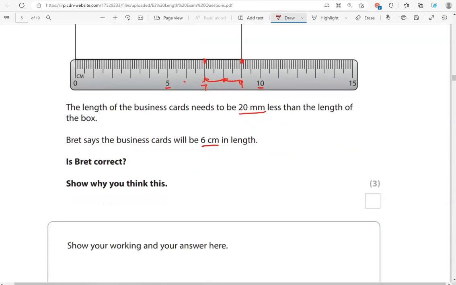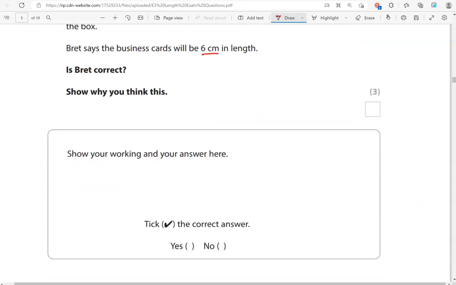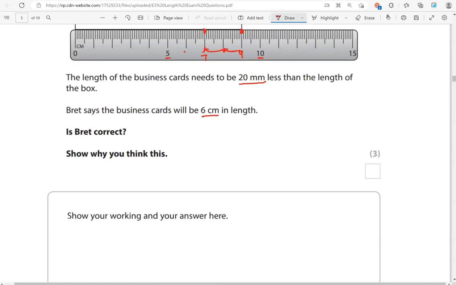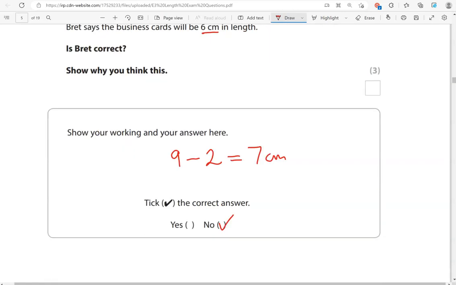So is Brett correct? We're going to say no. And 9, take away 2 centimeters, that gives us 7 centimeters, because 20 millimeters is equal to 2 centimeters.